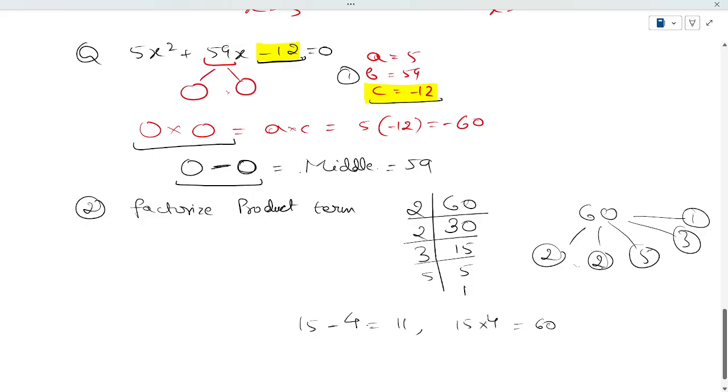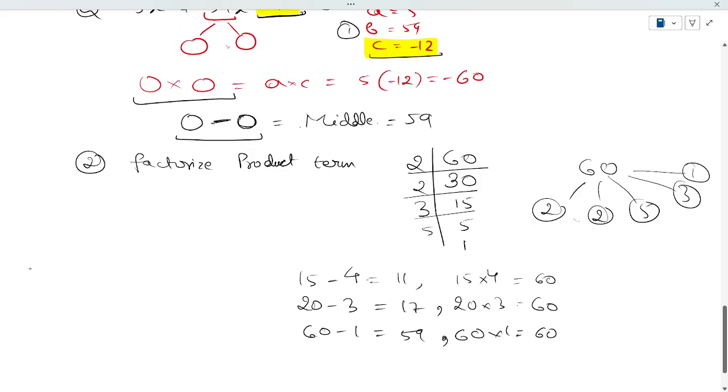If we take 20 minus 3 and 20 into 3, we get 17 and here we get 60, right? If we take 60 minus 1 and 60 into 1, we get 59 and 60. So this combination is satisfying our condition that their subtraction gives the middle term and their multiplication gives the product term.